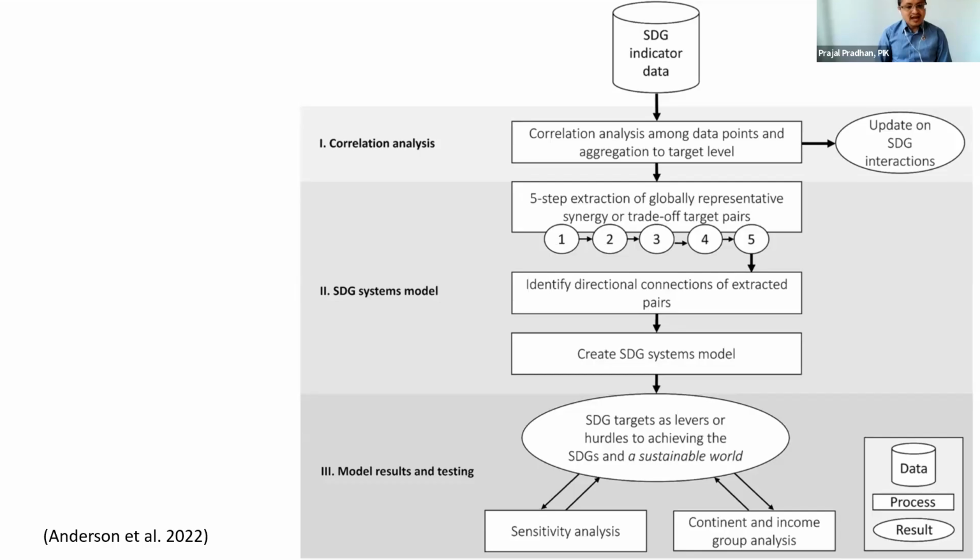And here the idea is to build a system model. And what we did in this step is identify the directional connection of extracted pairs. We looked at the SDG target interactions, and then, based on the quantitative information, we tried to go for more qualitative information here, yeah.